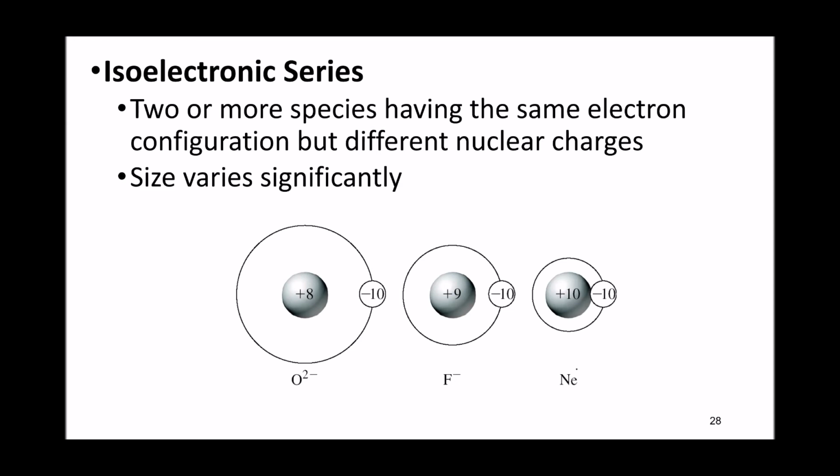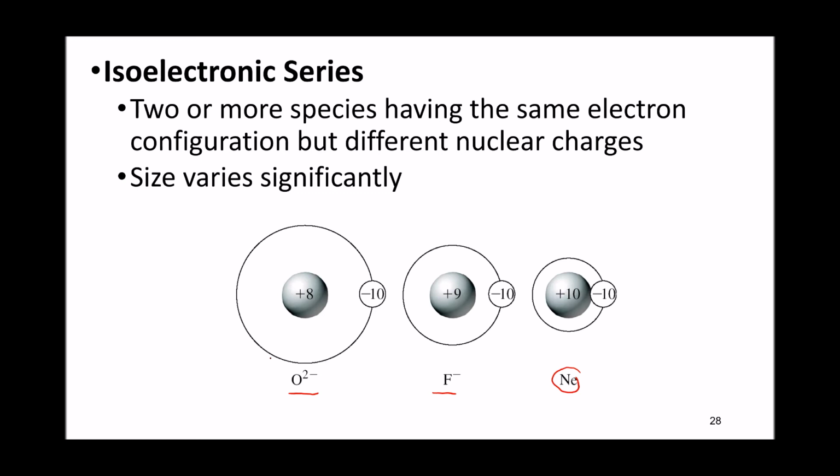In the case of neon, it is going to feel the maximum electrostatic attraction because it feels the attraction of 10 positive charges in the nucleus. But when you go to fluoride, it feels slightly less attraction because the number of positive charges is smaller. It's now 9. So that's why the size is slightly larger. And as you go to oxide, the size is even larger because the attraction that the electrons feel is even smaller.